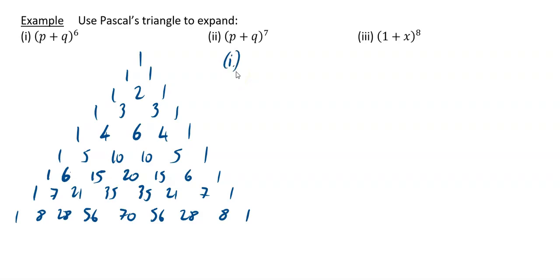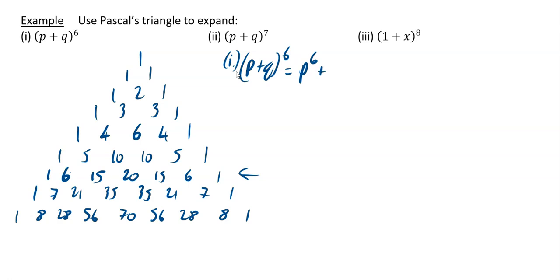Okay, part 1, we have got p plus q to the power of 6 to expand. So we're looking at this line. And very importantly, if you have a power of 6, then you know to look at the line that starts with a 6. Your first coefficient is 1, and your first term is p to the power of 6.